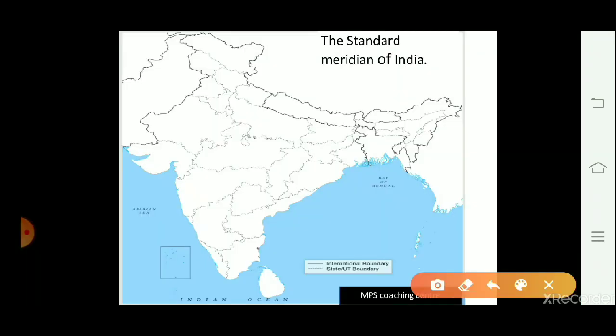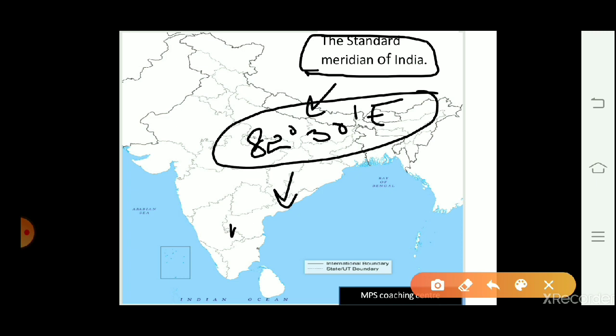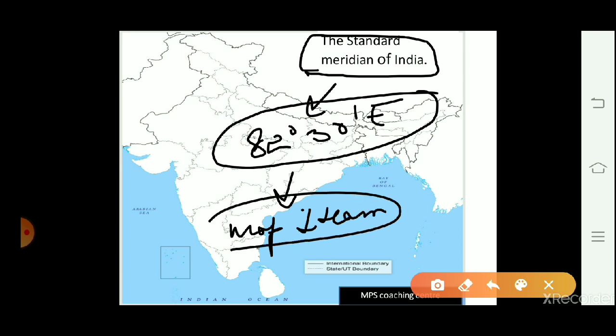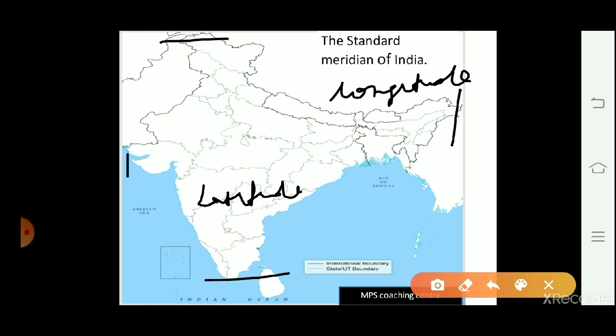Now we will see how to plot precisely the standard meridian of India, which is 82 degree 30-minute east, and this is the most important map item. So far we have seen how to plot westernmost, easternmost longitudes, whereas northernmost, southernmost latitudes.